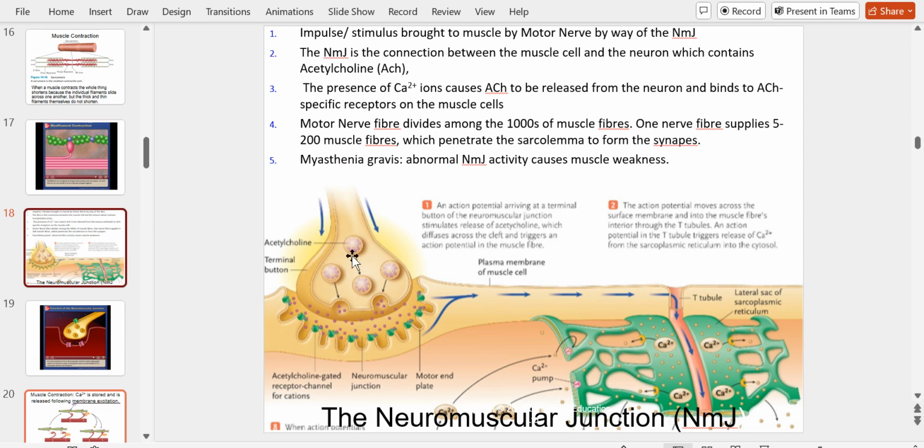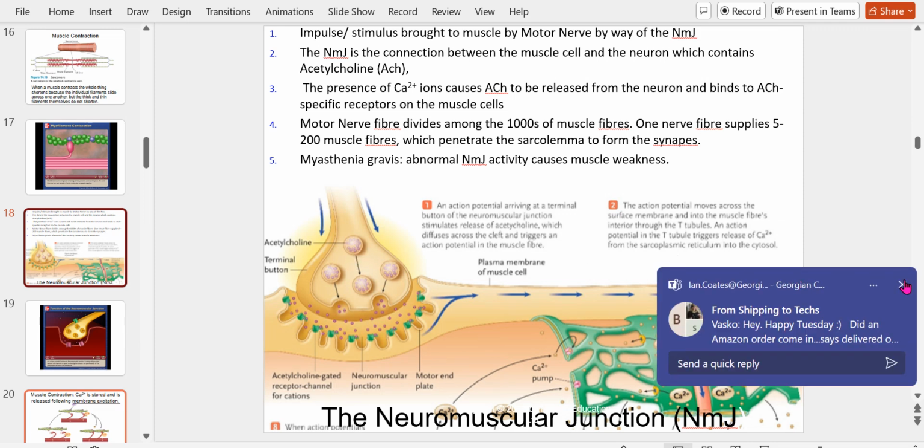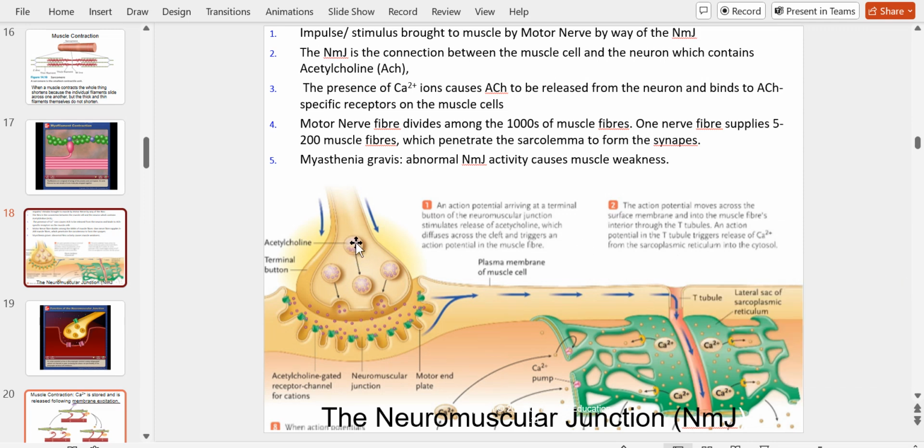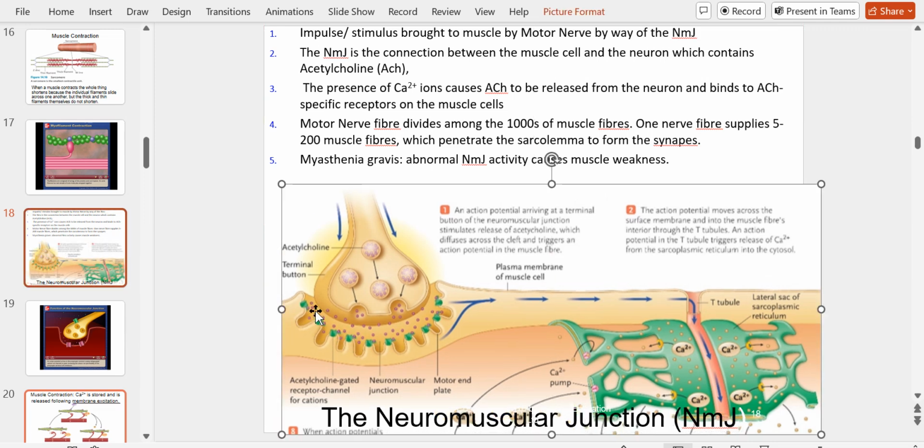And in the presence of calcium here again, you'll see there that acetylcholine, a neurotransmitter, is released, and the message then is cascaded onto the muscle surface.